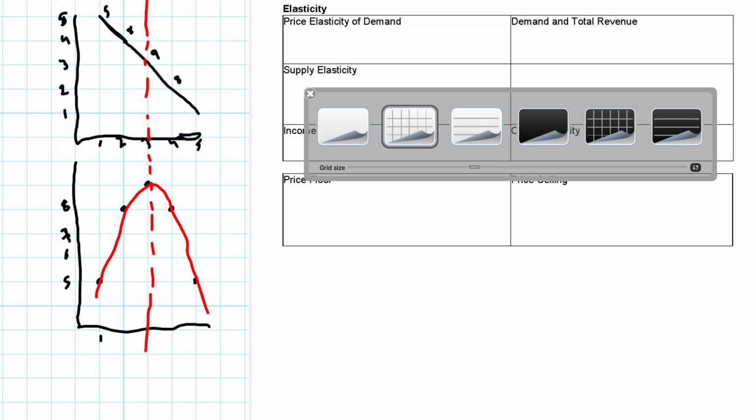We can get a number of things out of this. Essentially, we can see we have this part of the curve here where as price goes down, total revenue goes up. So if price goes down, total revenue goes up, and that means we are elastic. And the opposite is true over here.